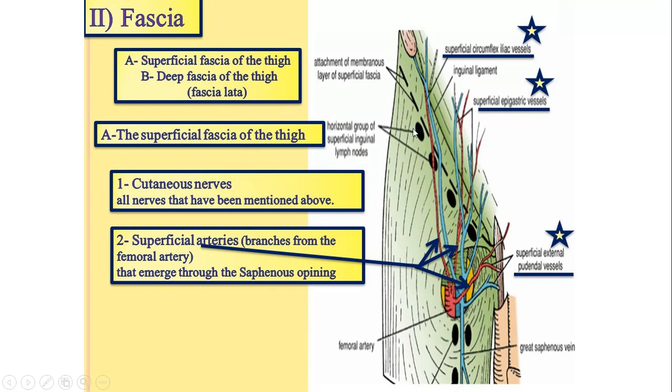Here is the horizontal group of superficial inguinal lymph nodes, and here is the vertical group of inguinal lymph nodes.